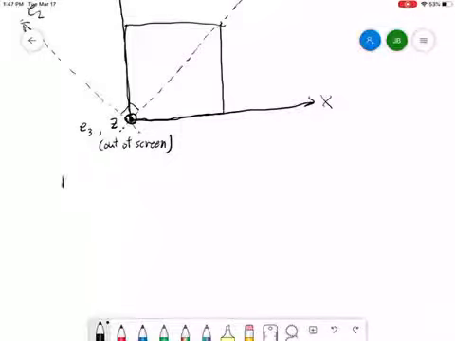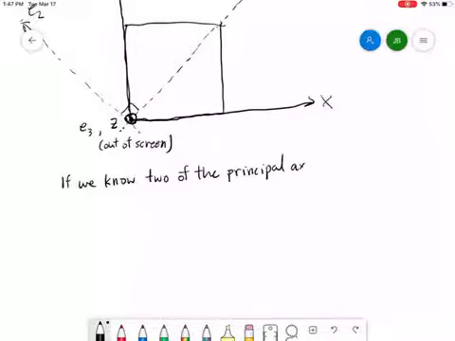Okay, so if we know two of the principal axes by whatever means possible, then the third is perpendicular to both.